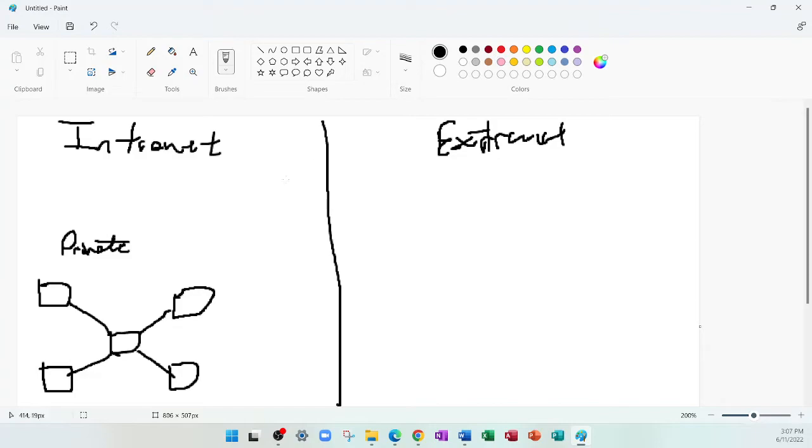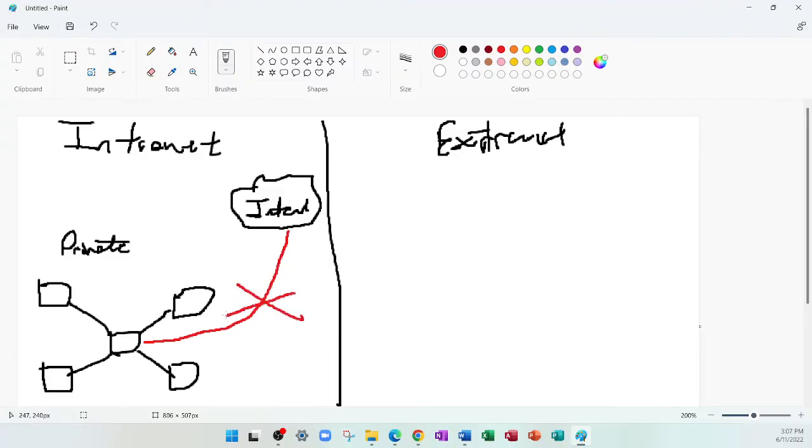Now, the internet is going to be here. So this is the internet. And it may or may not have a connection to the internet, but in most cases it will not. So this is just going to be a private network. It might allow some services on the internet, but in most cases it's going to completely block out the internet.